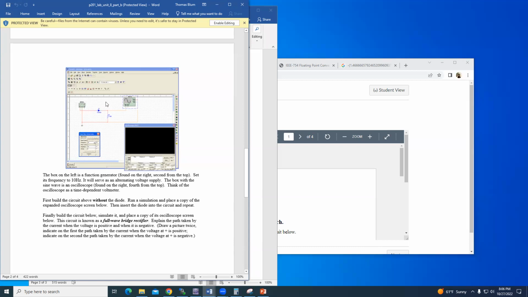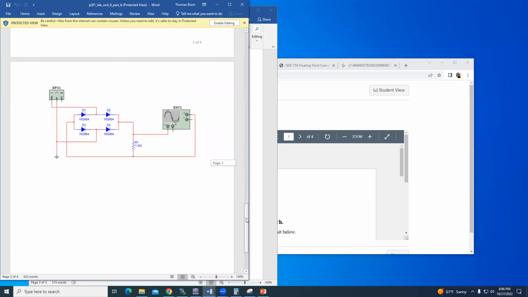And then the diode turns it into something where you see only positive stuff. So it turns positive, negative stuff into only positive stuff. So we're moving towards DC. And this game is to try to figure out when you're in the positive side, how do I go around the circuit when I'm positive, and how do I go around the circuit when I'm negative?